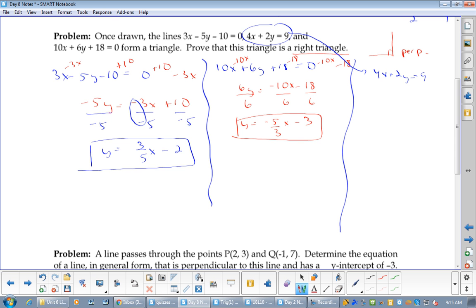So I'm going to minus 4x to start this off. So I'll get 2y equals negative 4x plus 9. Now I'm not putting 9 minus 4x because I know where I'm going. I want these in mx plus b, so I'm always going to put that x first. Then I'm going to divide everybody by 2. I'll get y equals negative 2x plus 9 over 2.